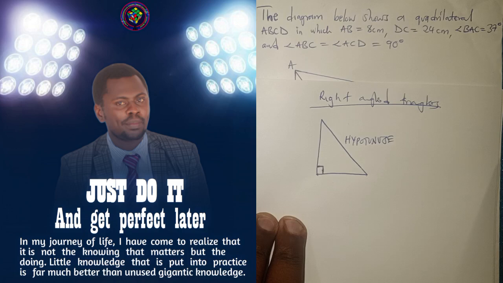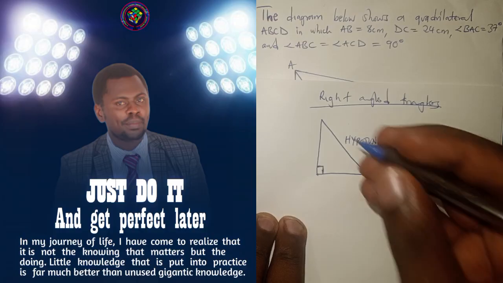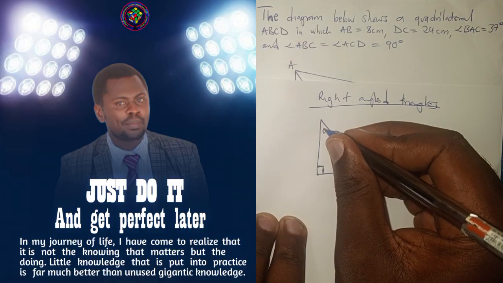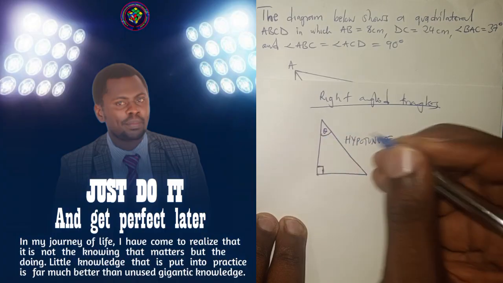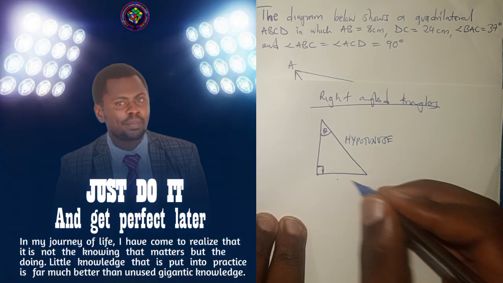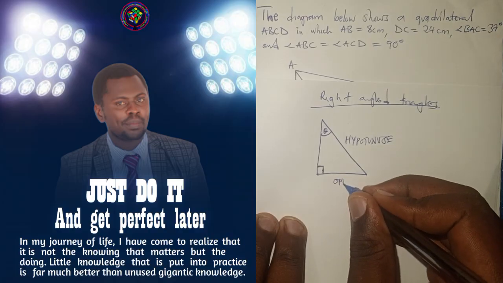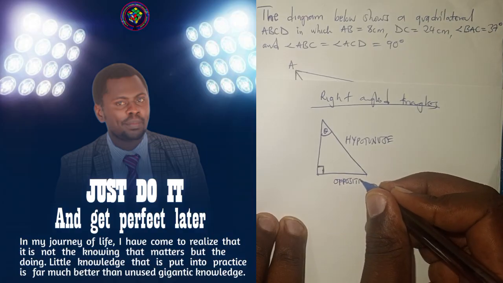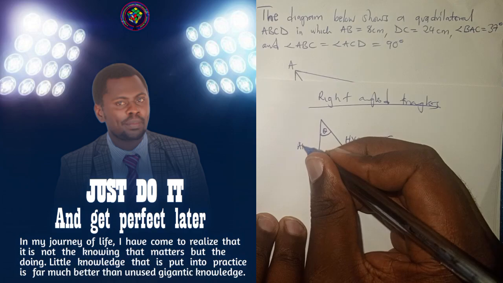And the other two sides are called adjacent sides. Now one of these adjacent sides should be an opposite side with regards to an angle. Let's say we have an angle theta this side. If this is the angle theta, this side will be opposite, and the other one will be adjacent.